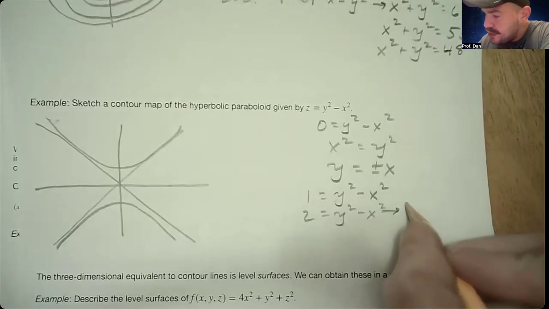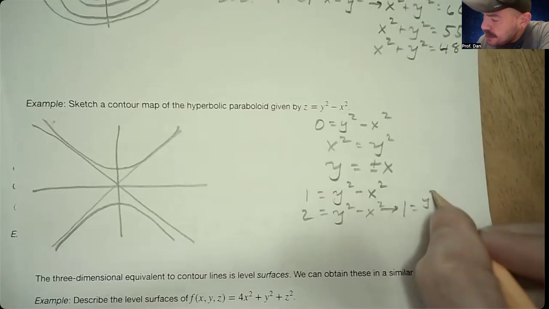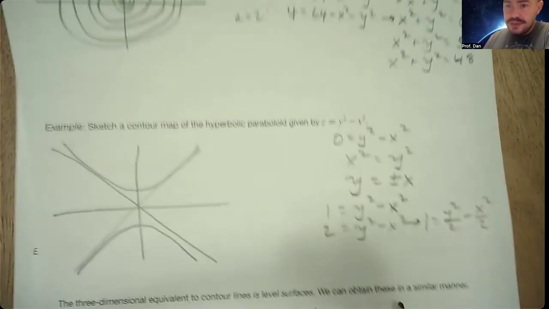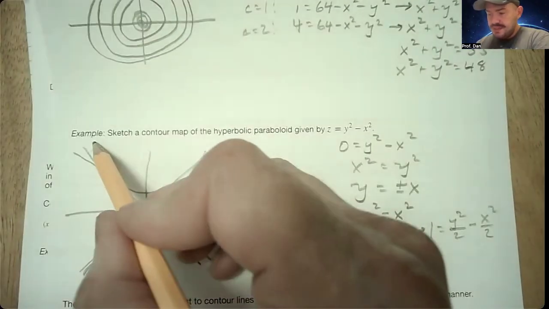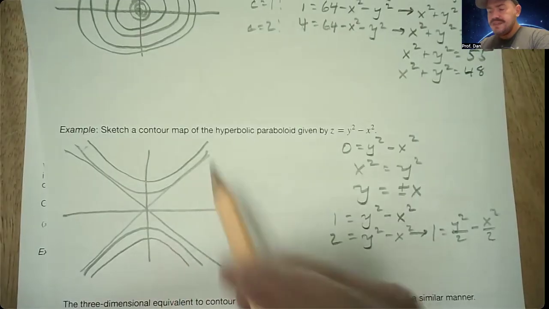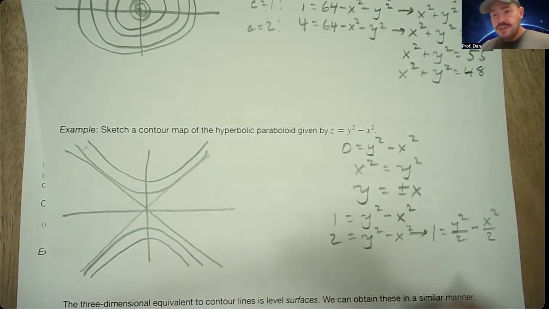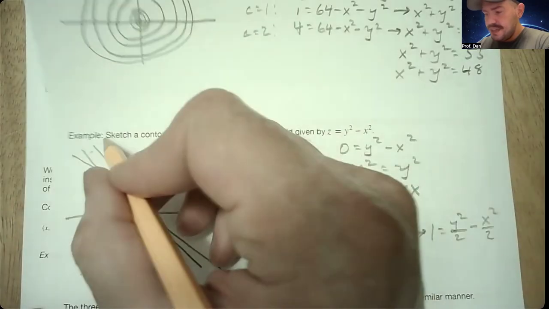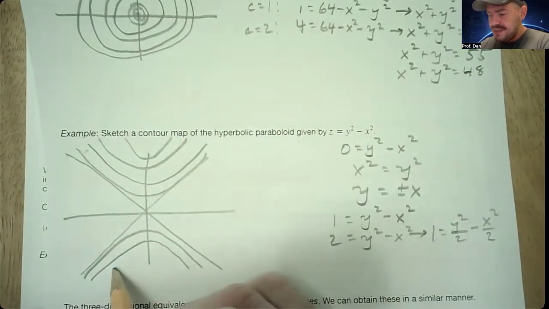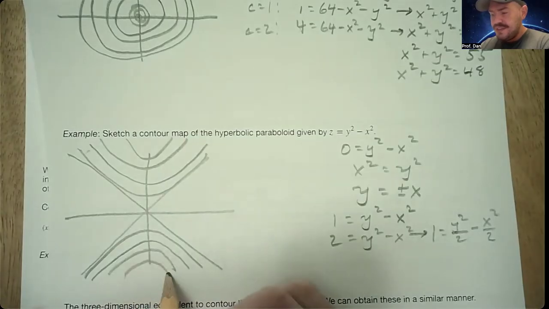I divide both sides by 2, I end up getting 1 equals y squared over 2 minus x squared over 2, which is going to be kind of like this shape, but it's going to be shrunk a little bit. And basically, if I were to continue plugging in larger and larger values of z, I would get hyperbolas that kind of continue on that trend.